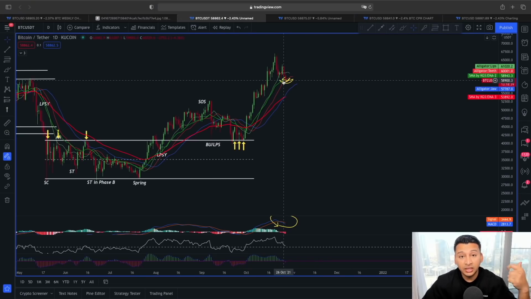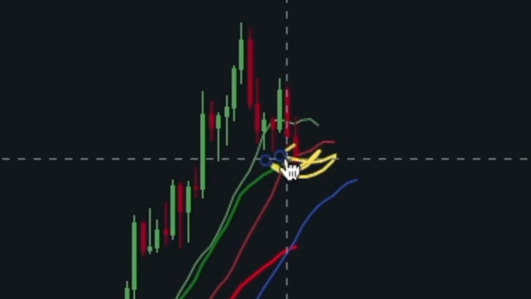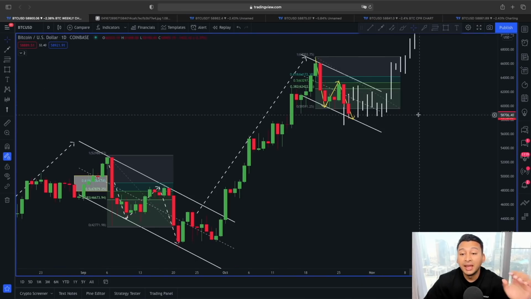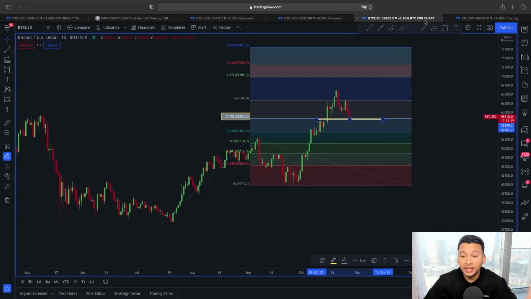The Williams alligator indicator and 20 exponential moving average are also lying around the 58,000 price range, and also the support here from this descending channel, the lower line area. You can see guys, we do have some strong lines of support lying around for Bitcoin around this 58,000 range.